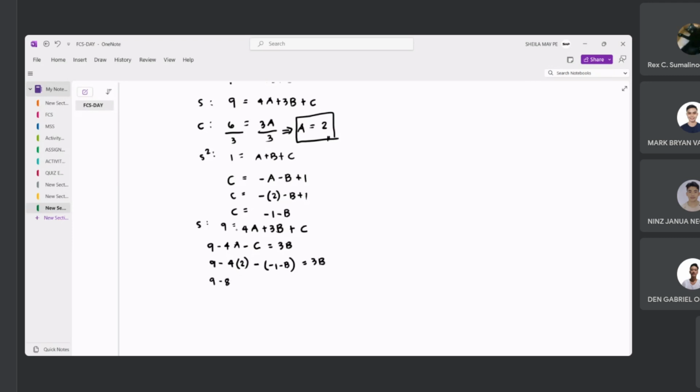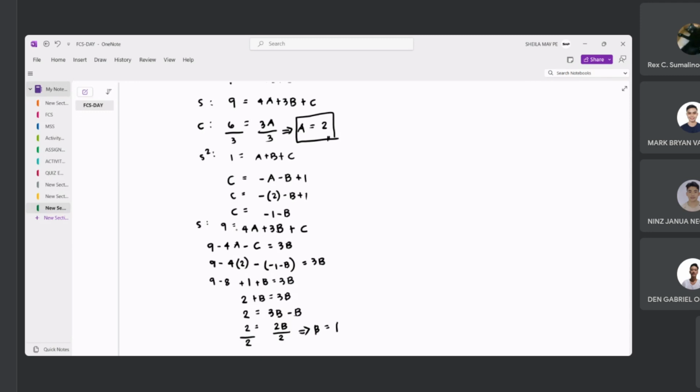Okay, 9 minus 8 plus 1 plus b equals 3b. So 9 minus 8 is 1, plus 1 is 2. And we have 2 plus b equals 3b. Now we have another b here, so we move it to the 3b, which is 2 equals 3b minus b. 2 equals 2b, divided by 2. So we have b equals 1.